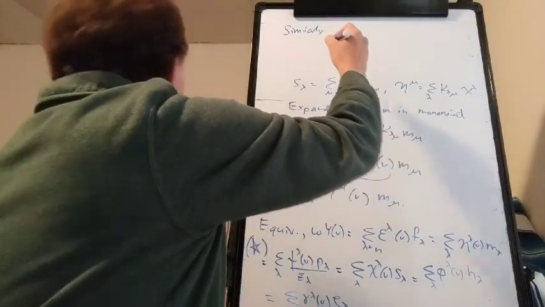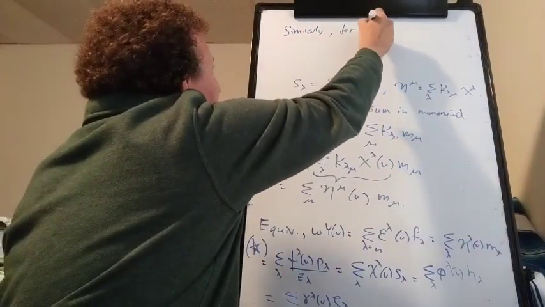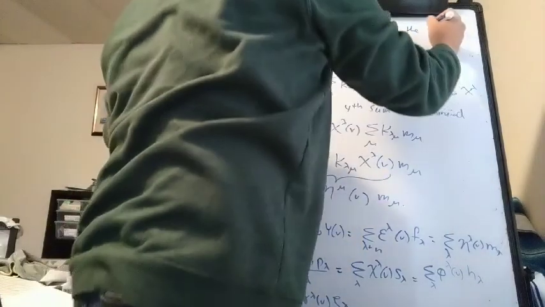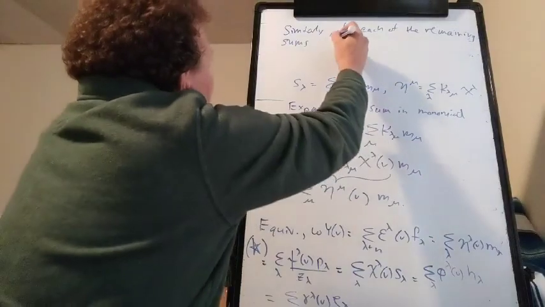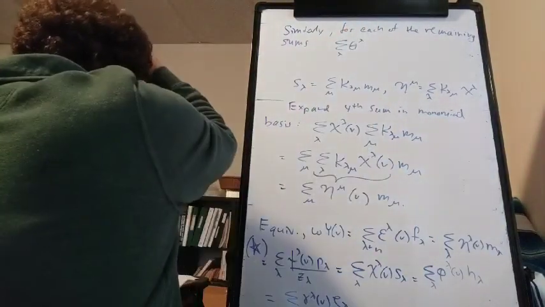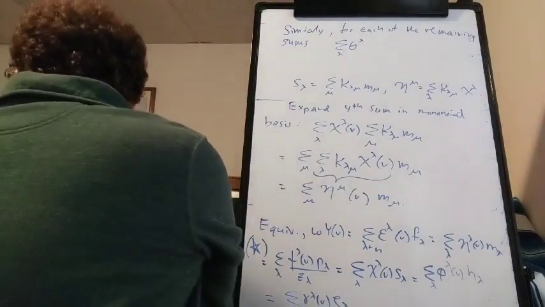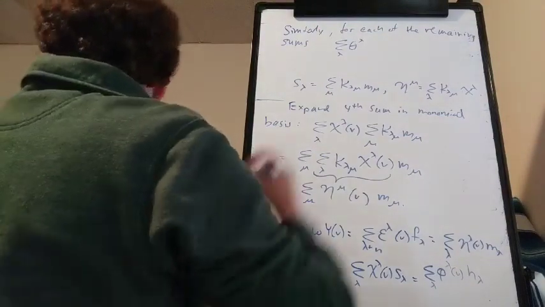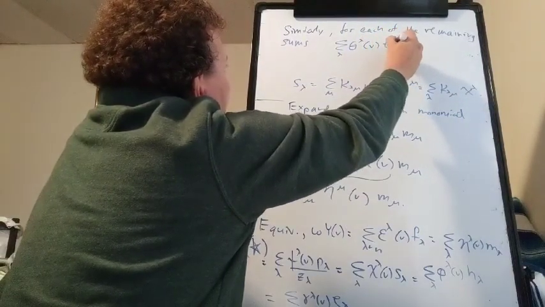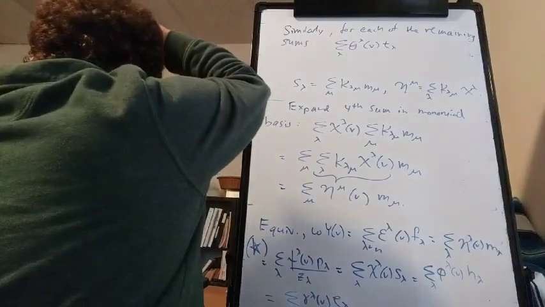So similarly, for each of the remaining sums, in each case we have a sum over lambda, some trace evaluated at v, and then some basis. Let me write t lambda.